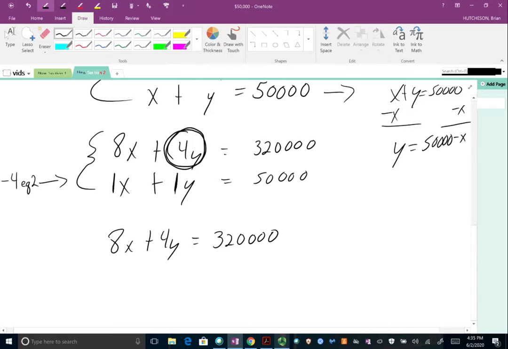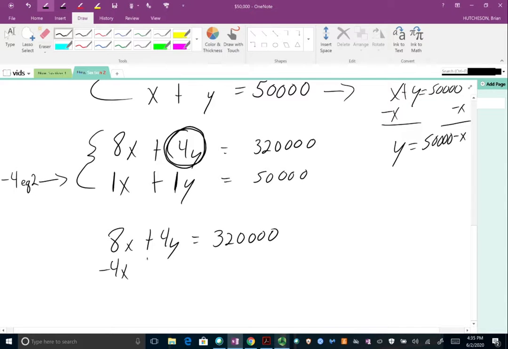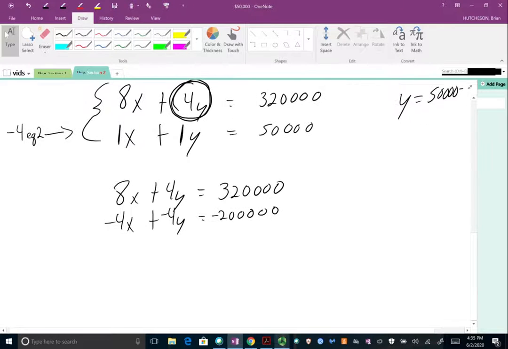So negative 4 times 1 is a negative 4x, ditto. And negative 4 times 50,000 is a negative 200,000. So I am basically doing addition. Straight up, the y's went away. 8x minus 4x is 4x.